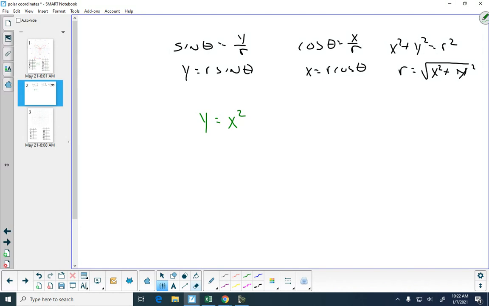Well, y is equal to r sine of theta, so we can substitute in r sine of theta, and this is equal to x squared, which is r cosine of theta, but we have to square that.